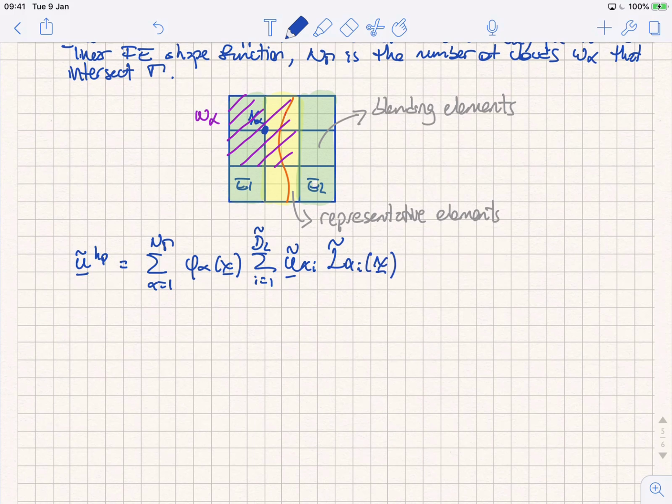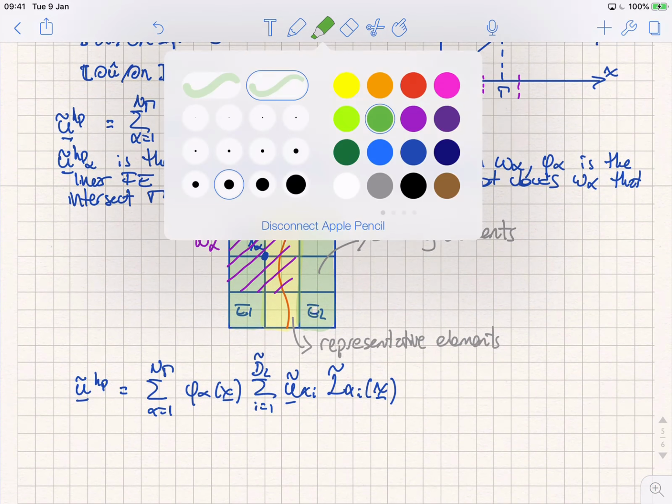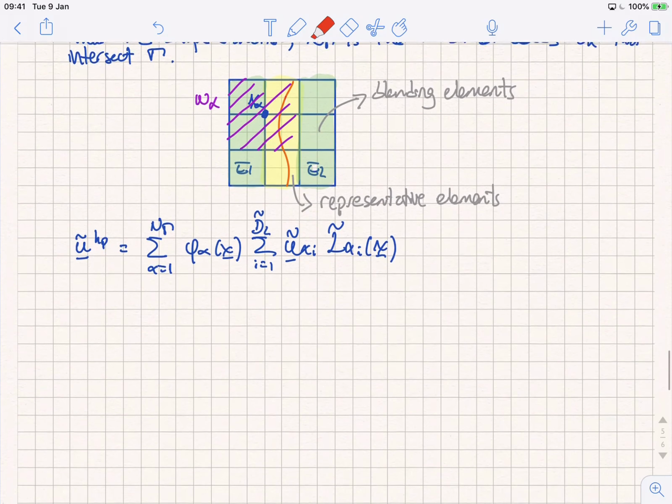This is the way I'm going to represent my function. So now I'm basically expanding what these functions U look like. I'm going to represent that function as a sum of enrichment functions multiplied by the corresponding enriched or generalized degrees of freedom. That's all I'm doing in this step.